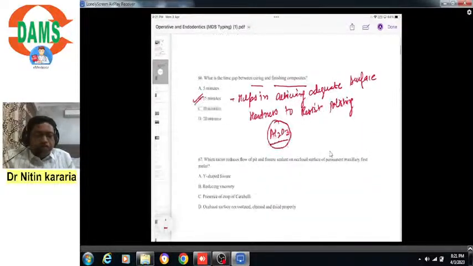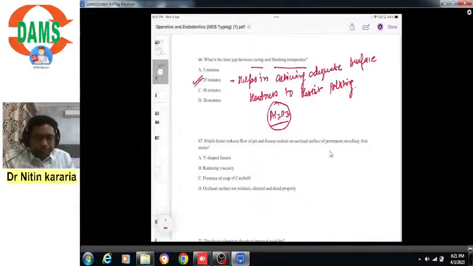So we move over to the next question. Which factor reduces flow of pit and fissure sealant on occlusal surface of permanent maxillary first molar? Okay, whenever we are applying some pit and fissure sealant, they are flowable composites, basically non-filled or very lightly filled composites.